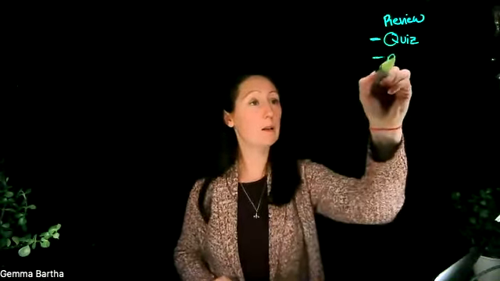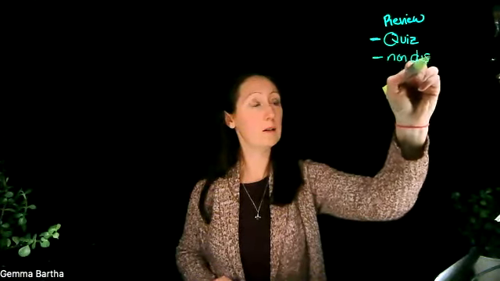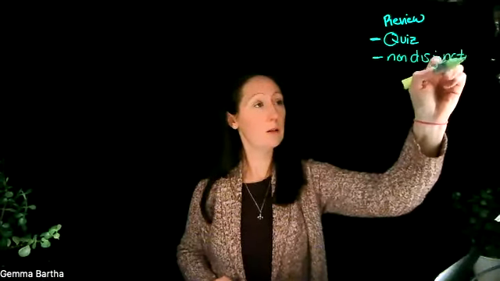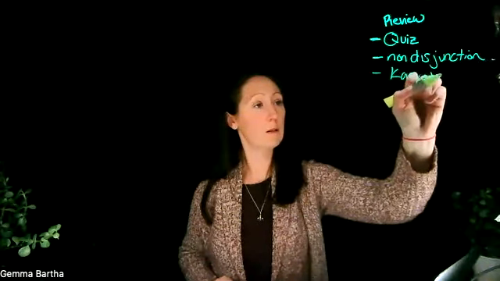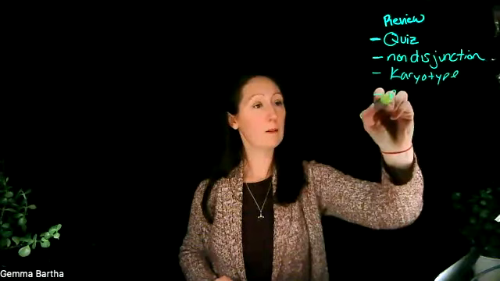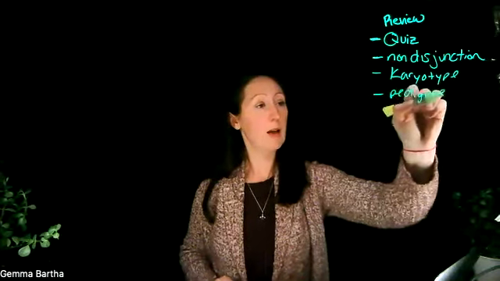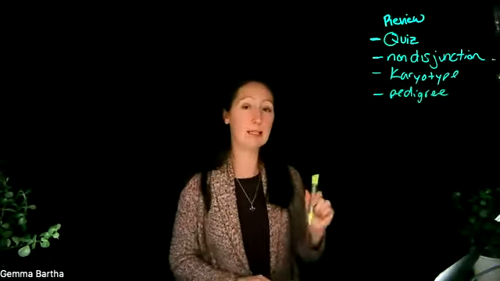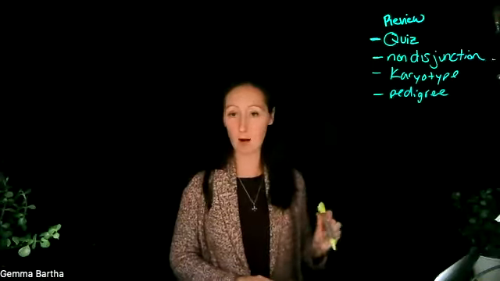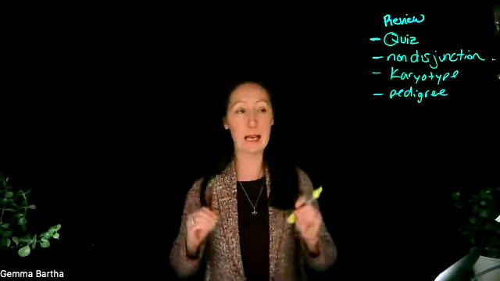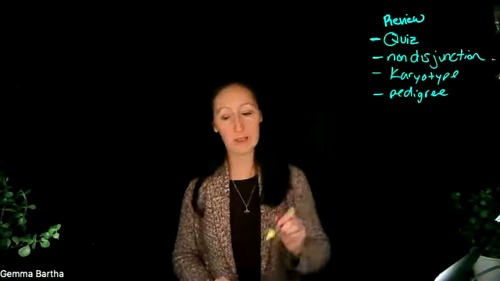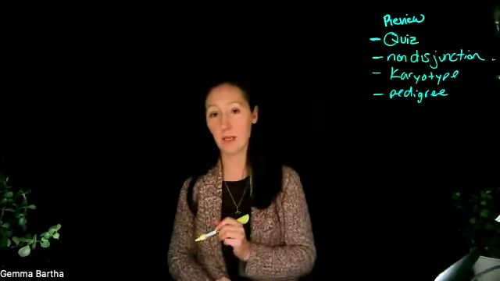All right, so we're going to go over the quiz. We're going to go over non-disjunction, okay, karyotype, pedigree. And what I'm going to say about the pedigree is once our review is done, I'm actually going to make a separate video specifically for the pedigree review sheet.